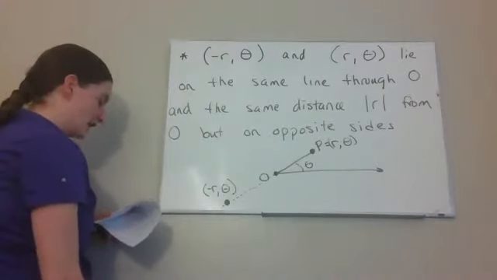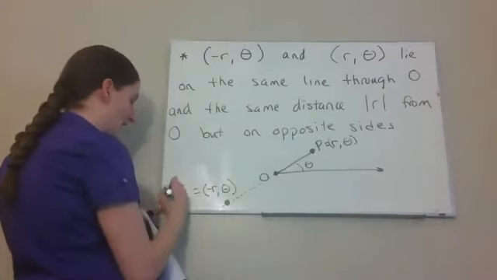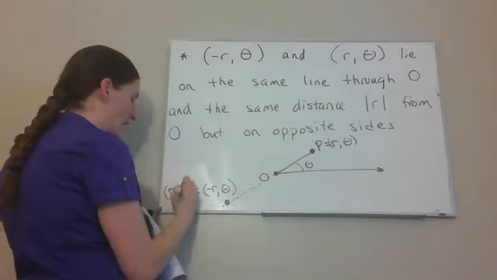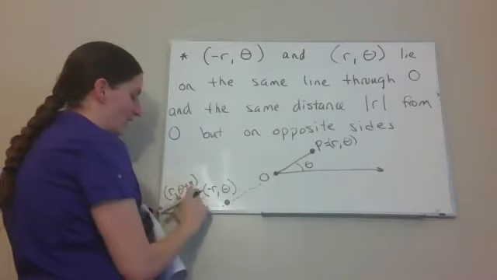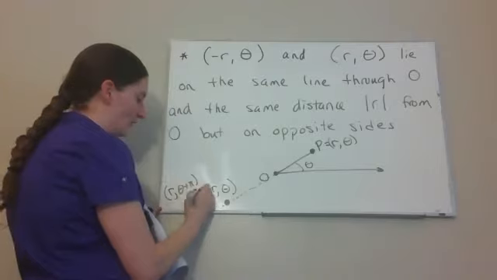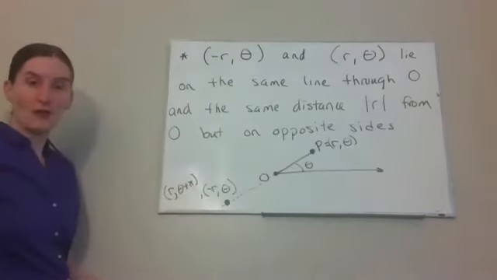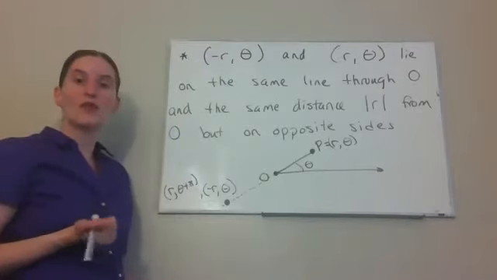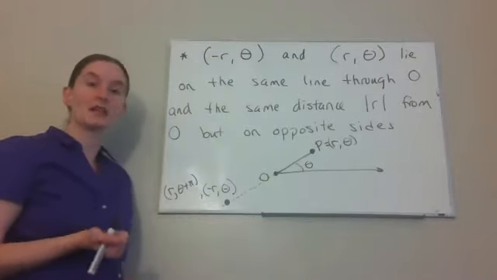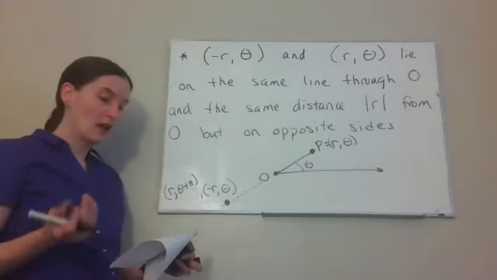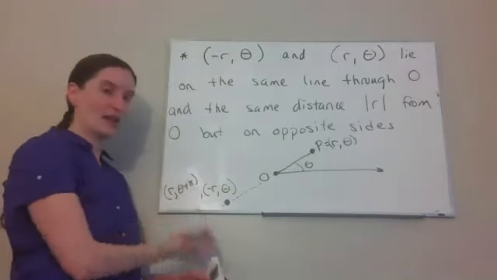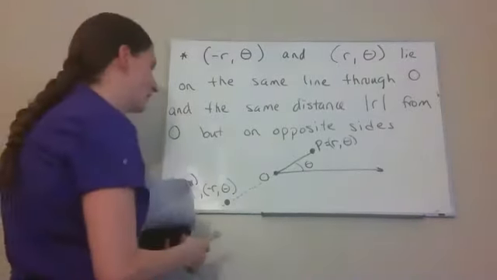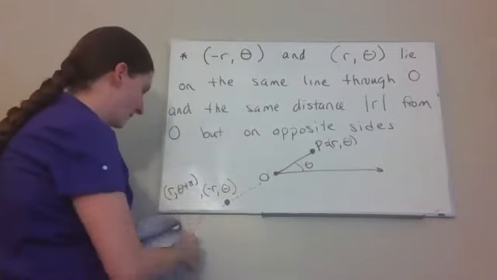And that is exactly the same thing as the point (r, theta plus pi), because I've gone another half circle around. So what I'm trying to say here is that there is more than one way to represent a single point in polar coordinates. You just keep adding a pi and you get another point that's equivalent to the point you had before.